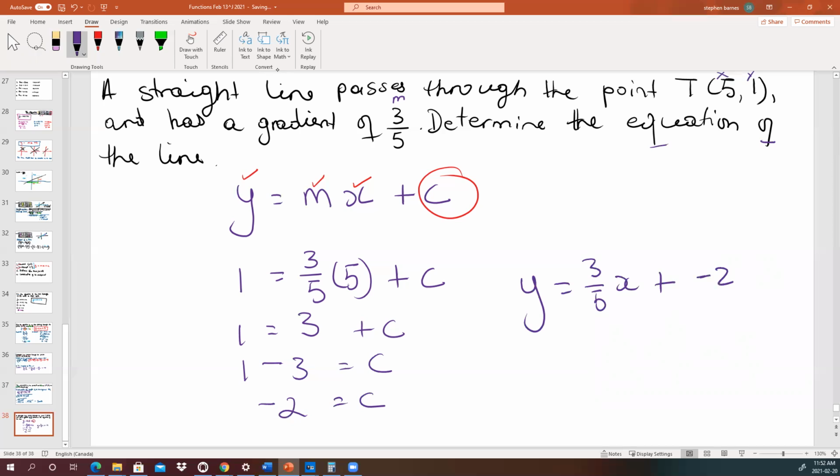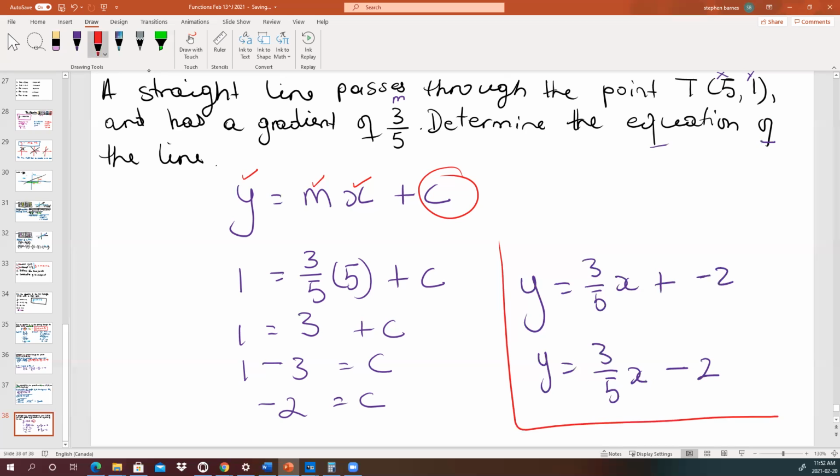Or you could just say y equals 3 over 5 x minus 2. That would be your answer. Either of these. Well, not necessarily either. This one would be the more appropriate one, unless you're going to put this in a bracket right there. But that would be the most appropriate one. All right. So that is that for that last question.